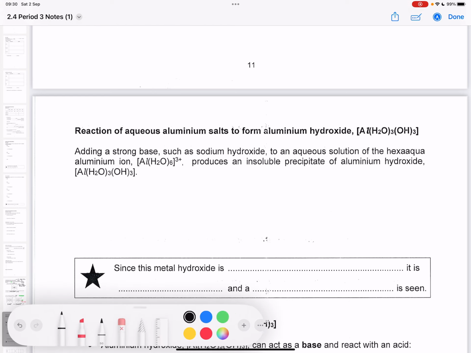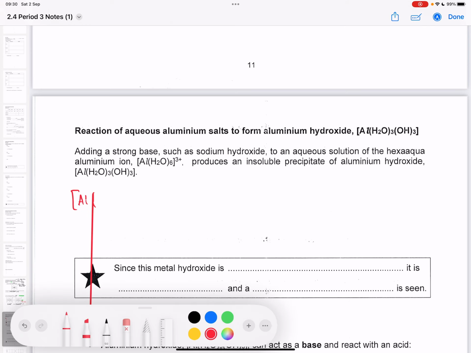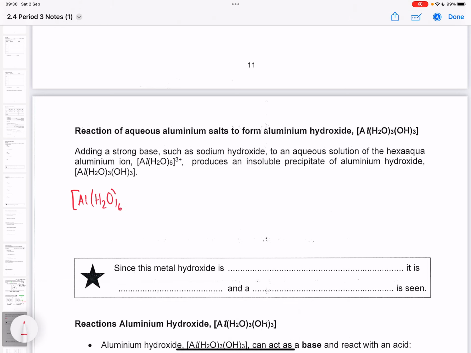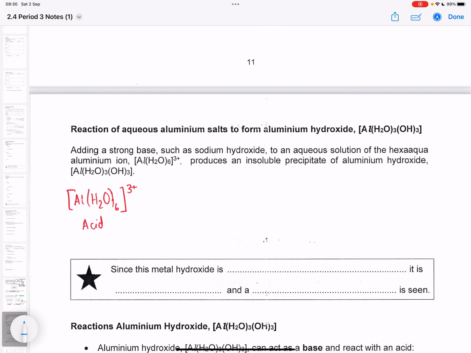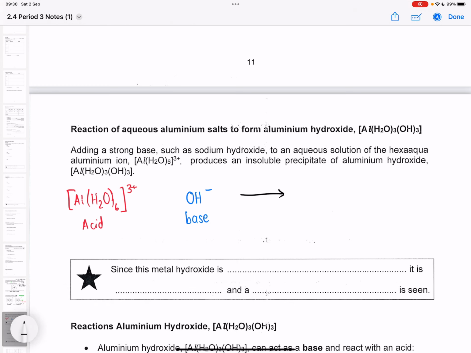So if we were to take, we're saying that this is an acid, aluminium H2O6 3+, that's our acid, that we could then react with a base, OH minus, from say sodium hydroxide, and we could make Al H2O 3 times, OH 3 times.